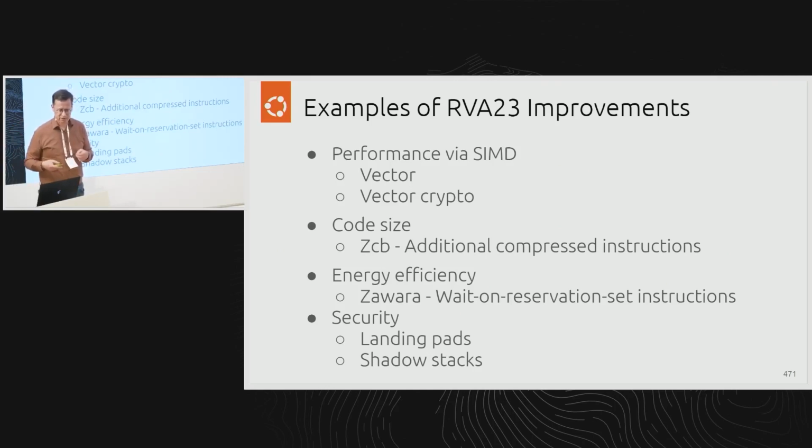This wait on reservation set is, I mean, you often wait for a second thread to do something, and you can simply say, I just switch off the core until this memory cell has essentially been changed. And security-wise, there are extensions now in the optional set for landing pads and shadow stacks, which really give you control flow integrity once they are implemented.